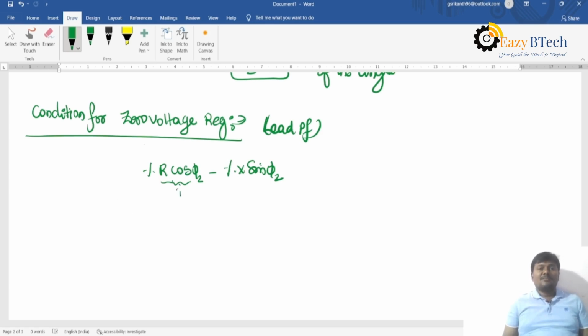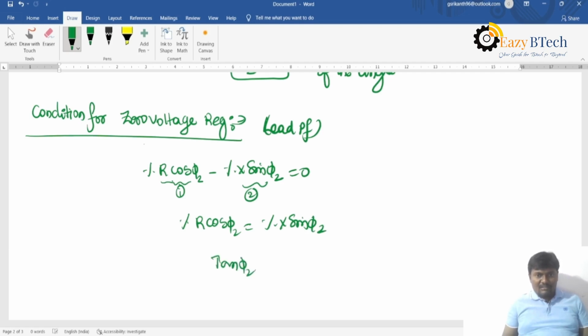If the first term and second term are both equal, then only it will be 0, and percentage R cos phi 2 is equal to percentage X sin phi 2, and here tan phi 2 is equal to percentage R divided by percentage X, that is R02 by X02. We can write it as 1 by X02 by R02.